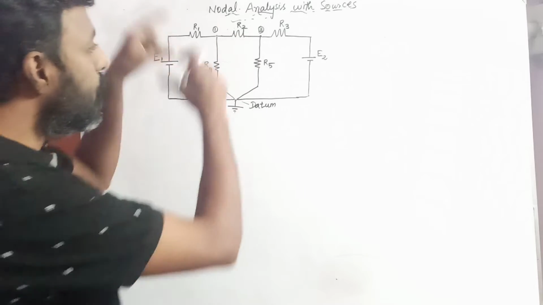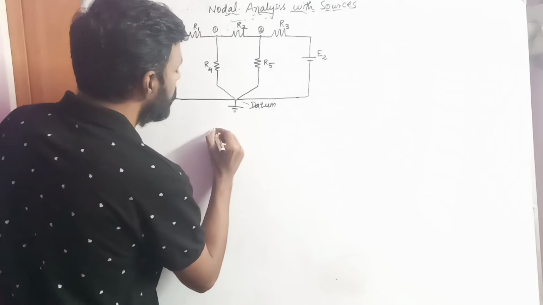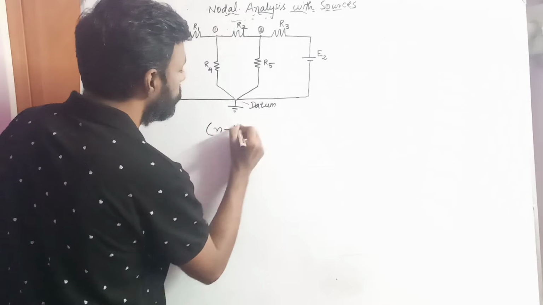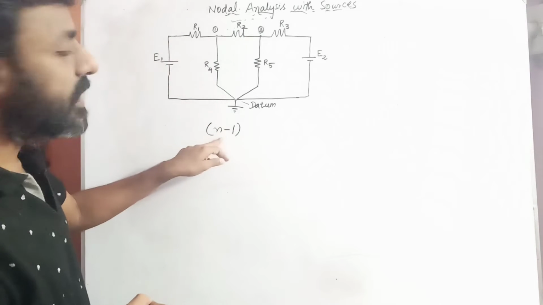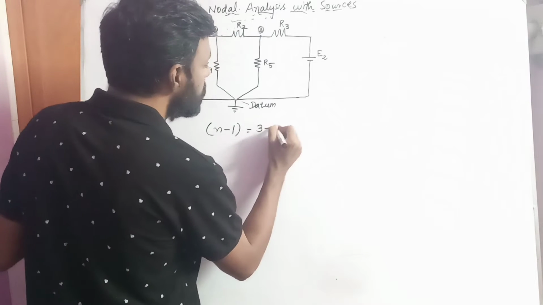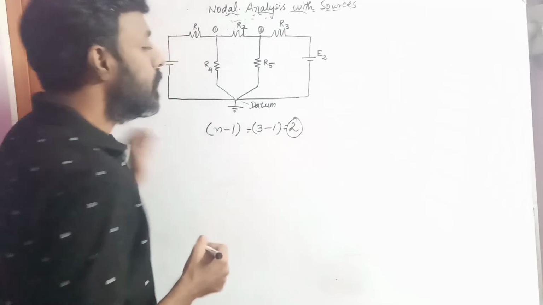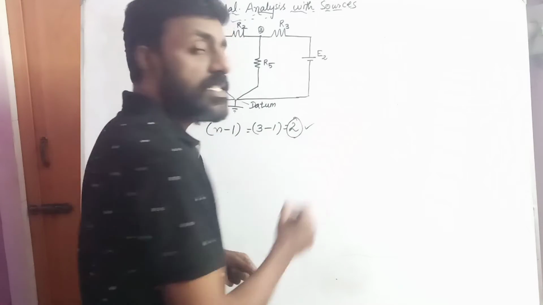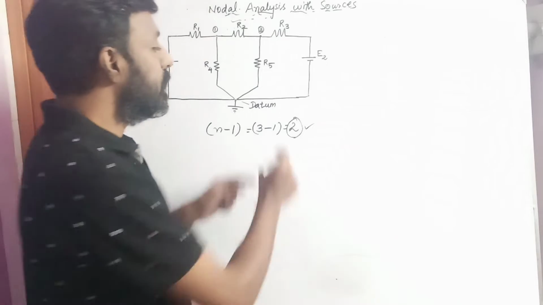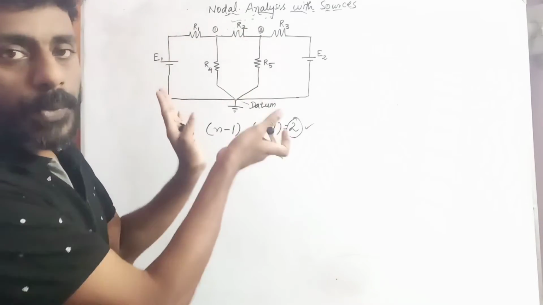You want to know how many equations you need to form, so for that you use the formula n minus 1, where n is the number of nodes. The number of nodes is 3, so 3 minus 1 is equal to 2. Therefore, two equations need to be formed in order to solve this network.